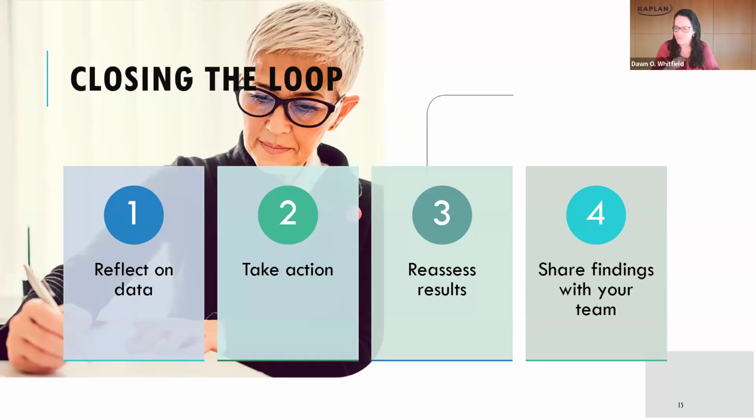From there, we take informed action, whether it's changing how we teach a concept, revising a lesson, or offering student support. Then we reassess. This step is critical because we want to make certain that our actions are actually leading to improvement. Are we seeing measurable progress? And finally, share our findings with the entire team, and that collaborative effort only strengthens the whole team as well as the outcomes.